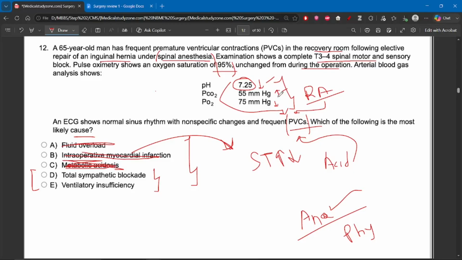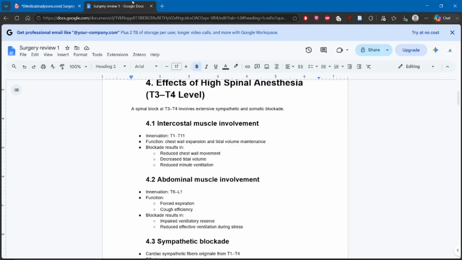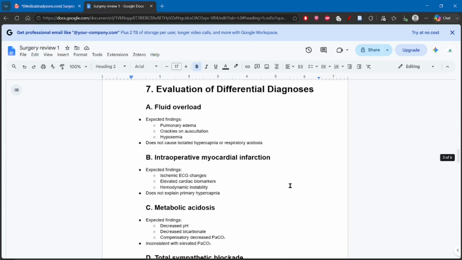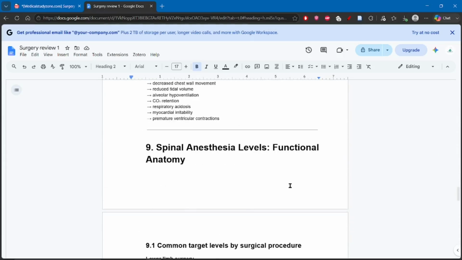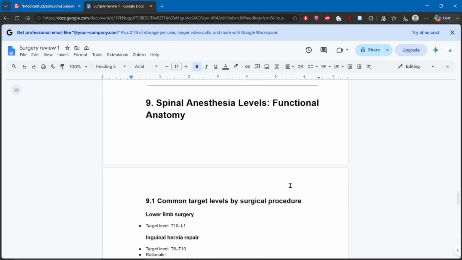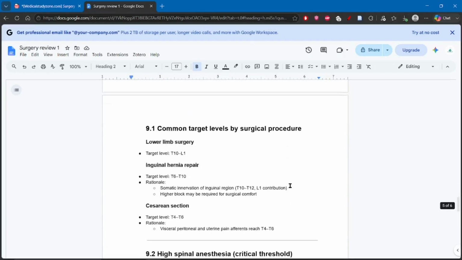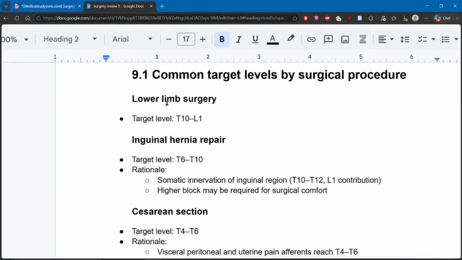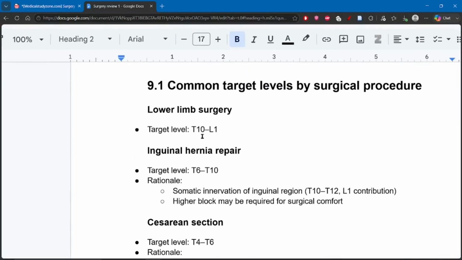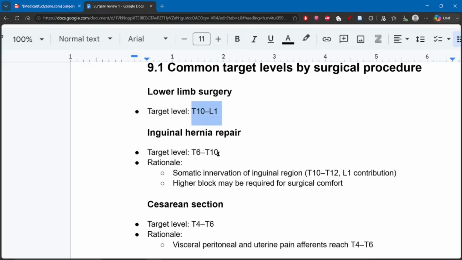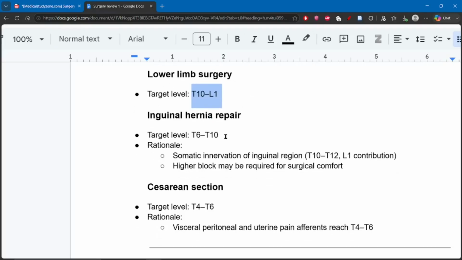Now, those certain parts are segments that you need to remember. So, I'm just going to give you a small hint that I've saved over here. Commonly in lower limb surgery, the target level is T10 to L1, and in a hernia repair surgery, the target level is T6 to T10.